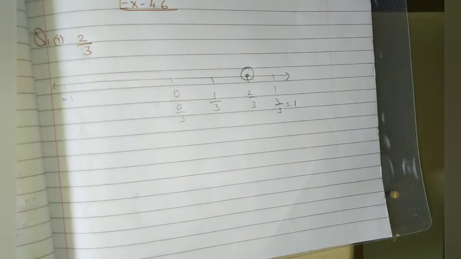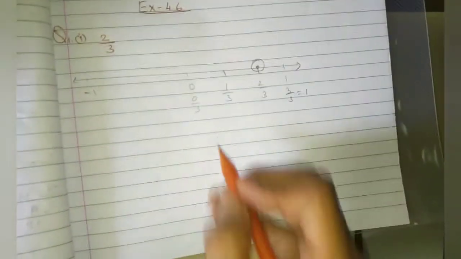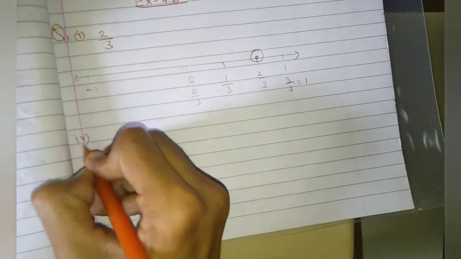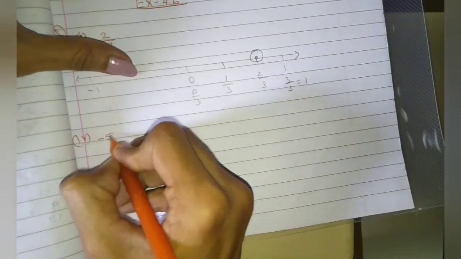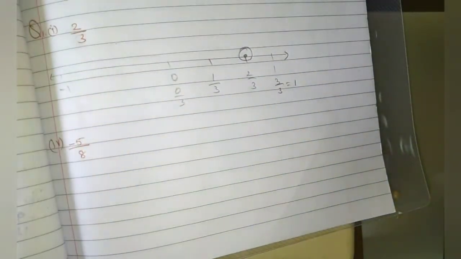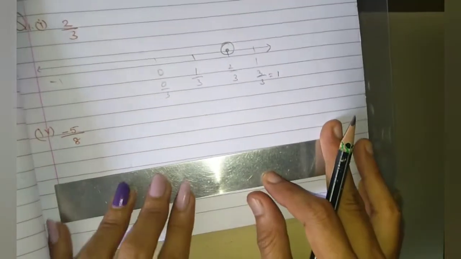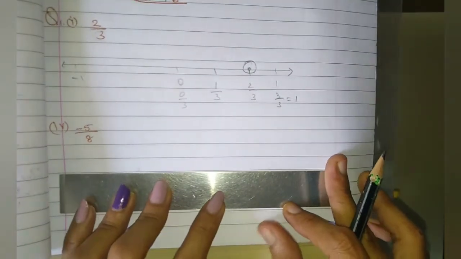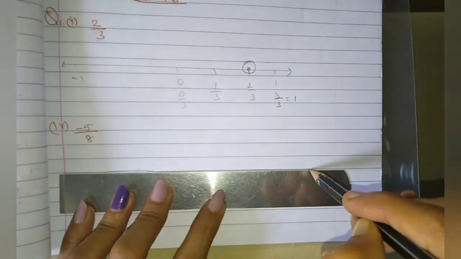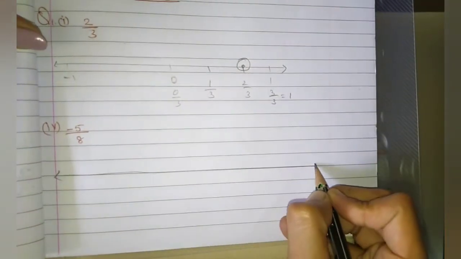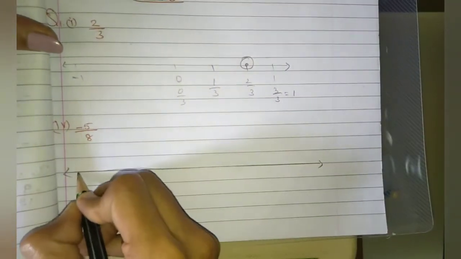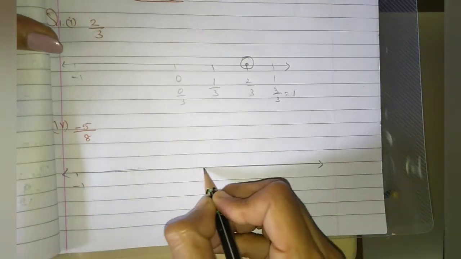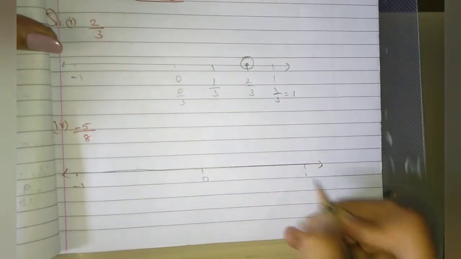Now we will do the fourth one. The question is -5 by 8. I am drawing the number line: -1, 0 and 1.